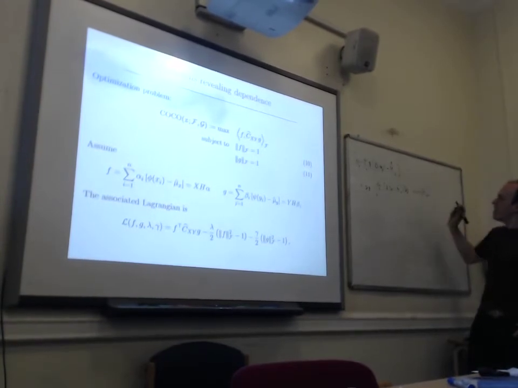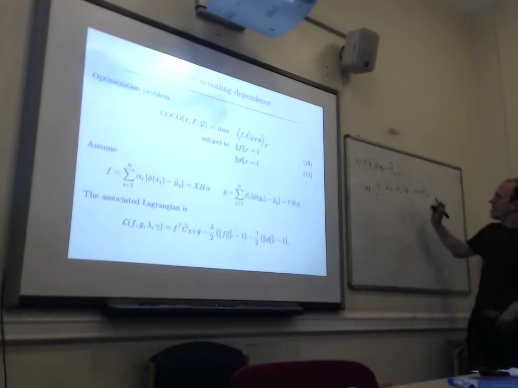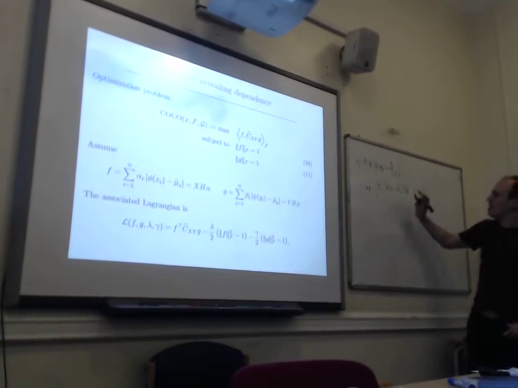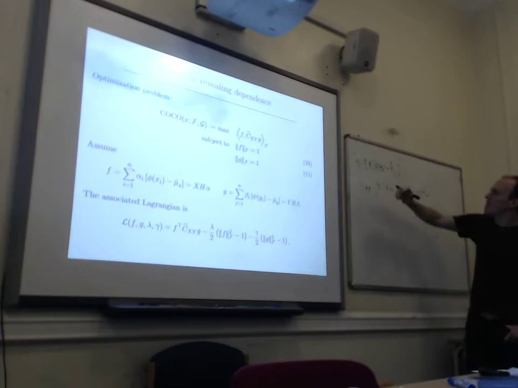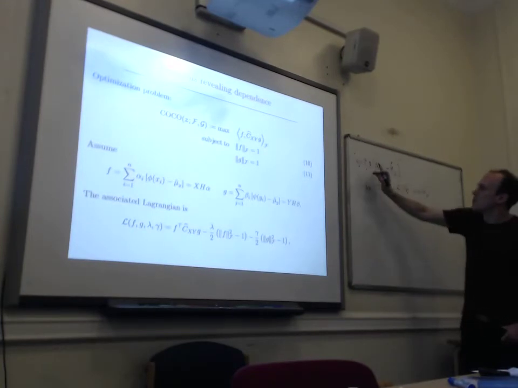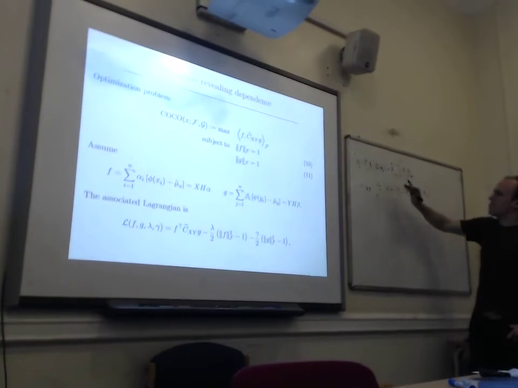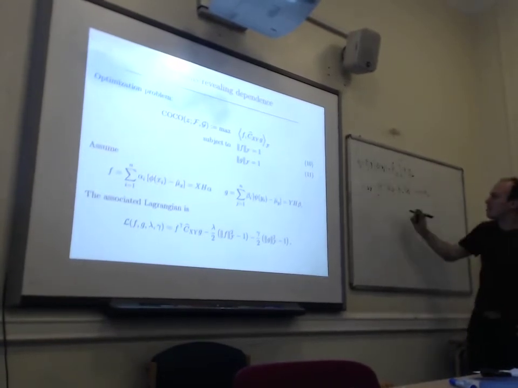Now remember, if I take this operator and make it act on another function, I get a sum of these terms inner producted with g. So let's say g is equal to this term plus g perpendicular, which is something that can't be written as this linear combination of centered points.